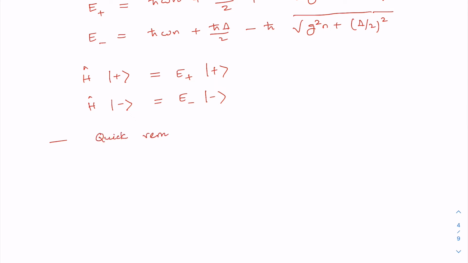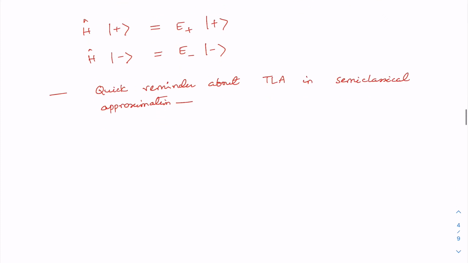Quick reminder about the two-level atom. In the semi-classical approximation we did that because there the atom was considered to be quantized. It has quantized energy levels, and the electromagnetic field was considered to be classical, and there we got these results.